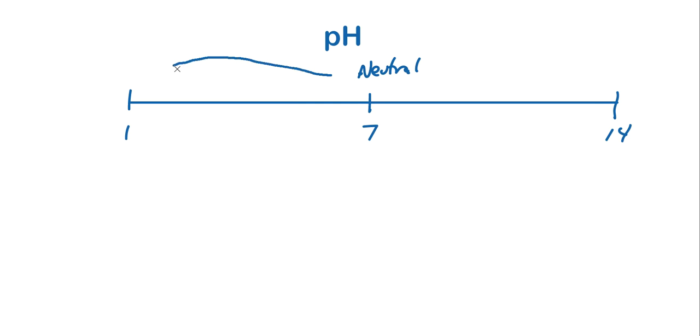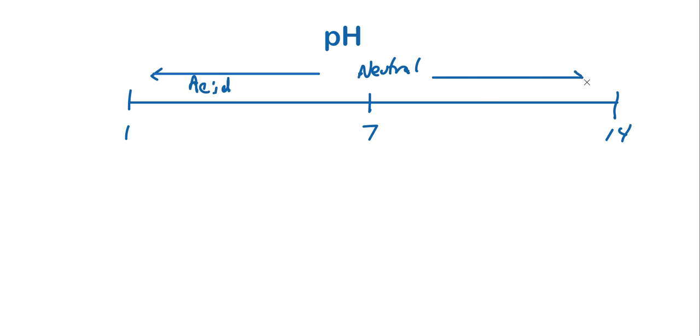Anything below 7 was considered an acid. Anything above 7 was considered a base or alkaline.